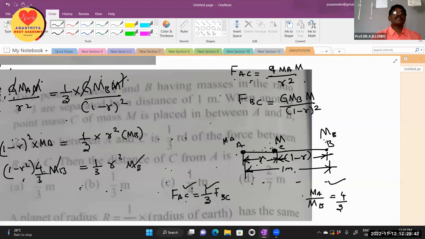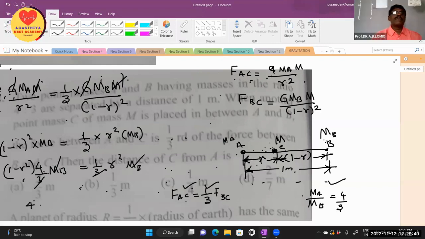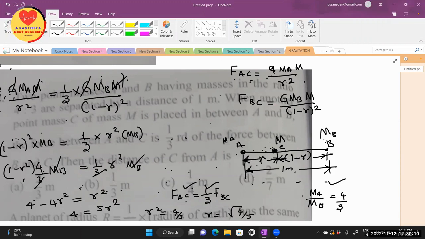MB gets cancelled, 3 cancels. Now 4 multiplied, 4 R squared equals R squared. 4 is equal to 5 R squared. Therefore R squared is equal to 4 by 5, therefore R is equal to root of 4 by 5, that is 2 by root 5.